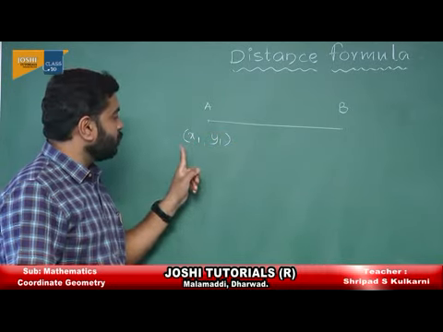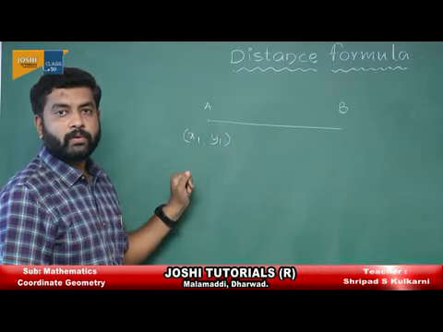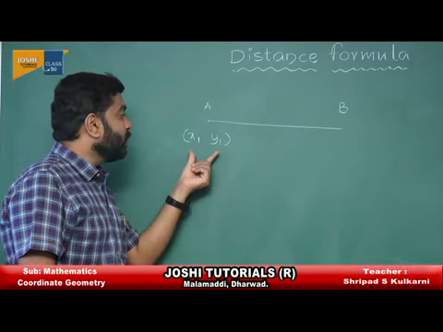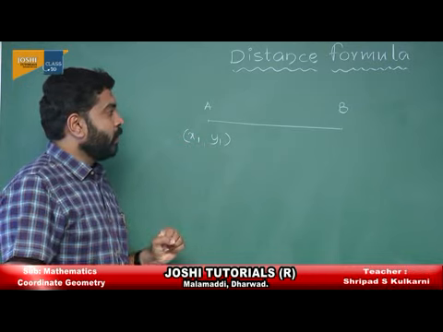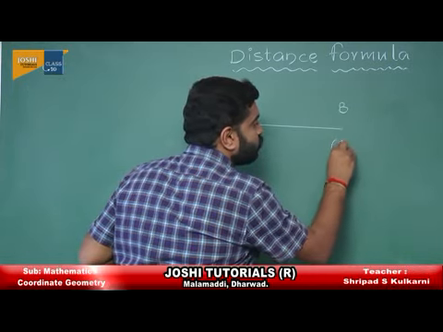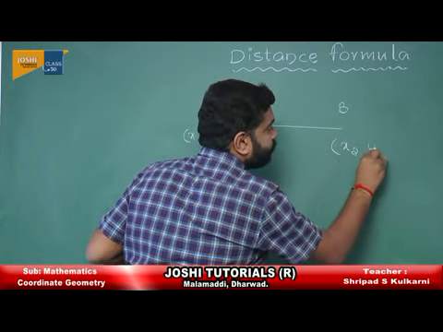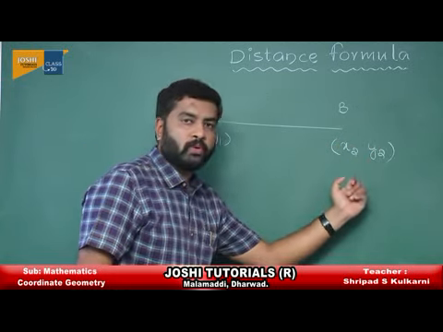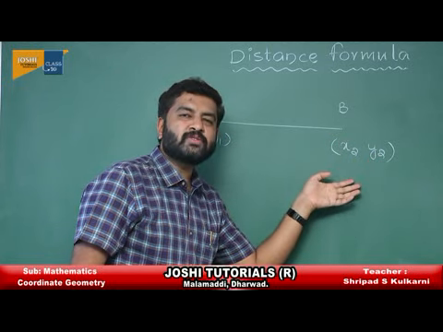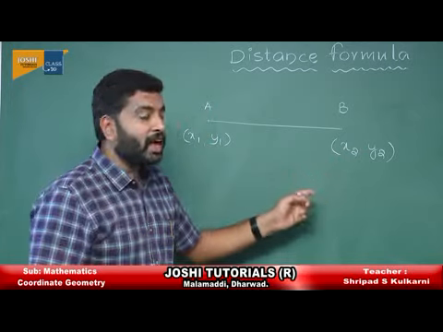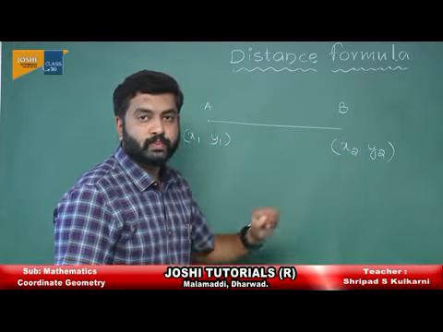They give in the examination 2, 3, 4, minus 5, minus 2. Whatever. In general, I have written x1, y1. Next, point B. Point B is x2, y2. They give this point also 4, 5. Minus 2, minus 4. They may give any number. In general, I have written x2, y2.